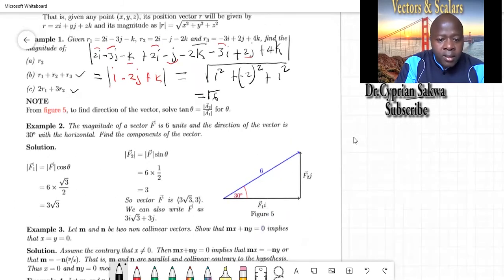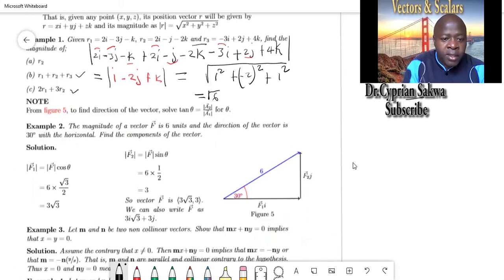Now, what we said is that if you have this figure here, figure 5, to find the direction of a vector, and remember this was our vector A, and its direction is this. To find the direction of this vector A, you just find the angle that A makes with the x-axis.